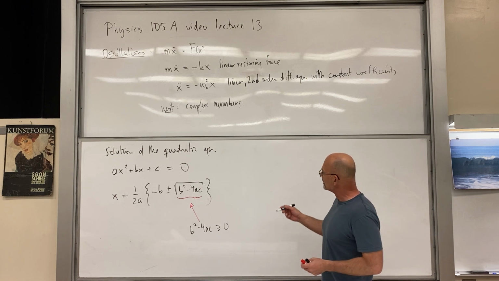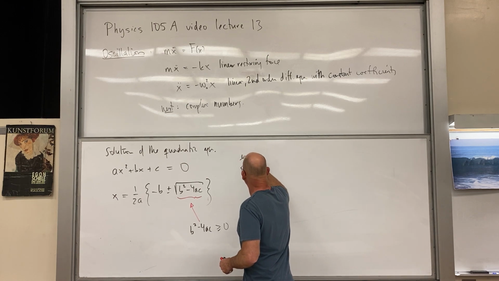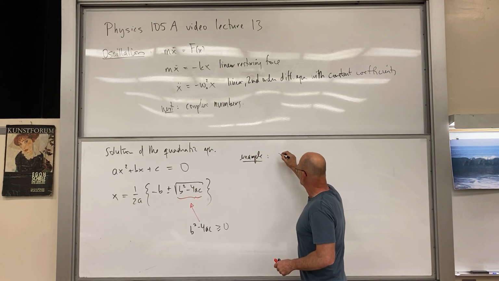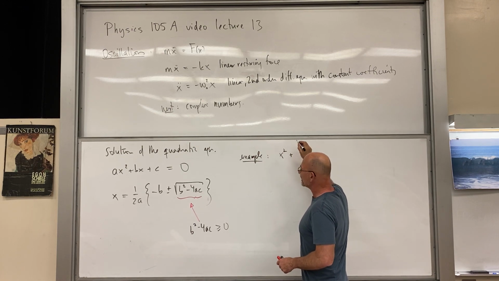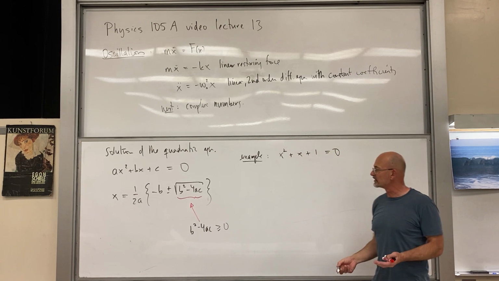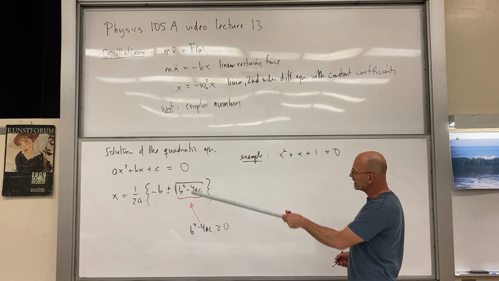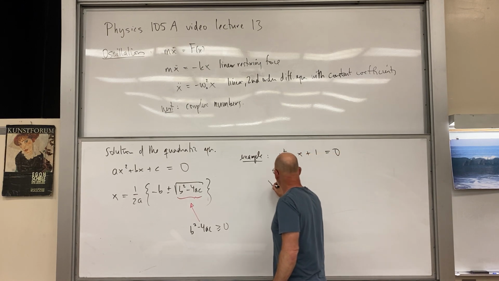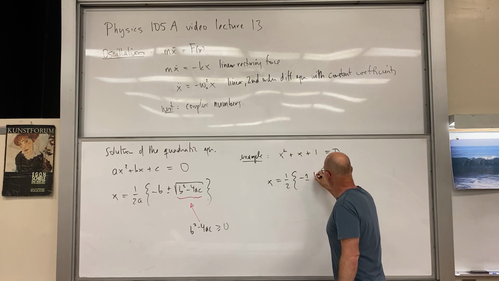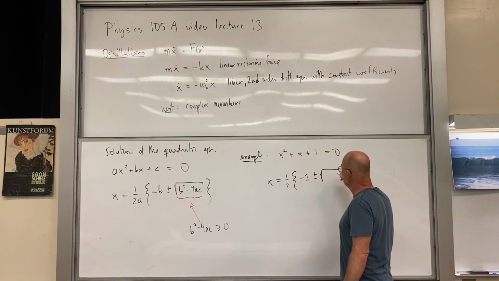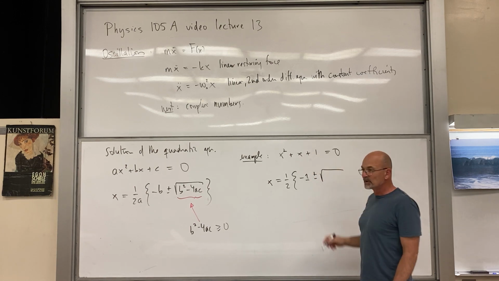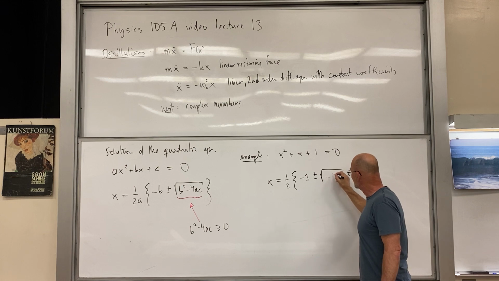And as an example, suppose we have x squared plus x plus 1 is equal to 0. We're trying to solve that, and we use our formula here. We have x equals 1/2 times negative 1 plus or minus the square root of, well, b squared, 1 squared minus 4, which is what? Minus 3.